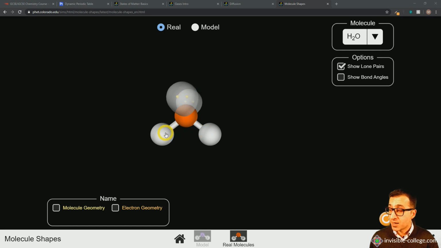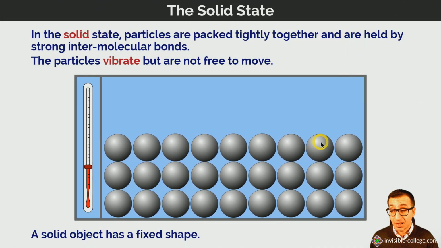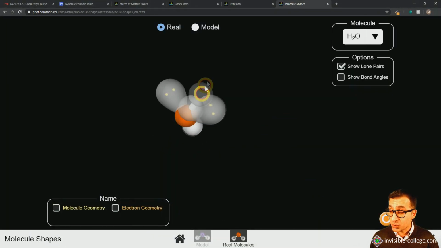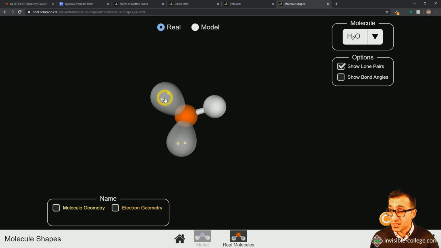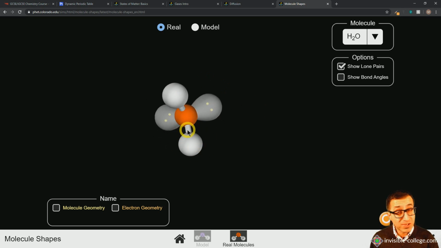What you're seeing here are the two non-bonding pairs of electrons around the oxygen atom. And so you see that if we choose to represent solid water by means of a particle diagram like this, we're not taking into account the fact that those water molecules are not featureless spheres. They have their own internal shape and geometry. The actual situation is much more complex because these bonds will move, they will bend, they will vibrate, they will rotate.